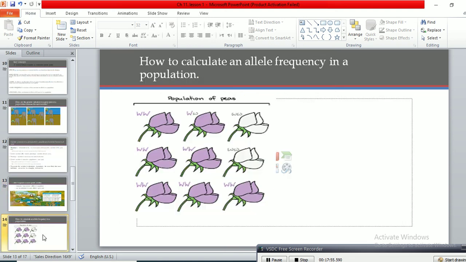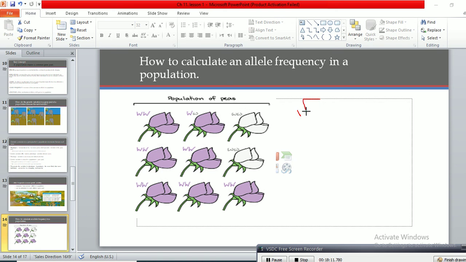Okay, small g the same way, 5 divided by the total equals 0.417, times 100, 41.7%.